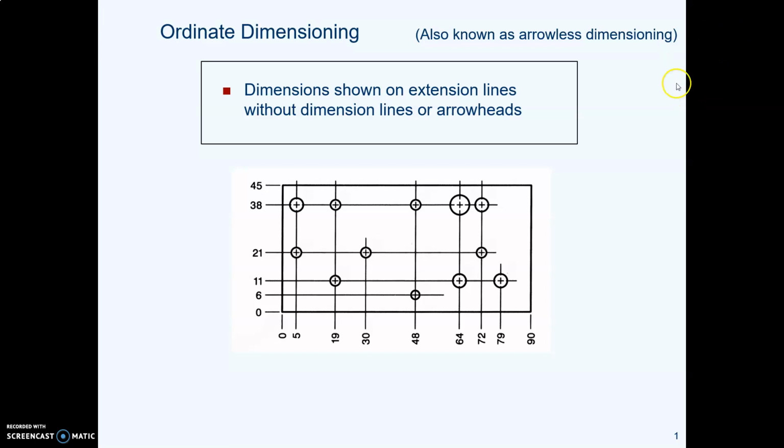Now let us look at a different kind of dimensioning known as ordinate dimensioning. Not coordinate dimensioning, but plain ordinate dimensioning, also known as arrowless dimensioning. This is the kind of dimensioning where you just have extension lines with dimension numbers on the ends of them and a 0, 0 point at some corner of the part.